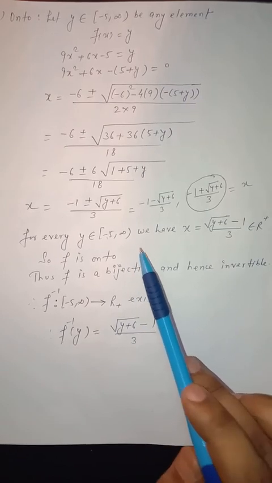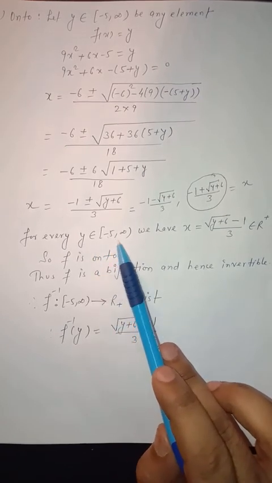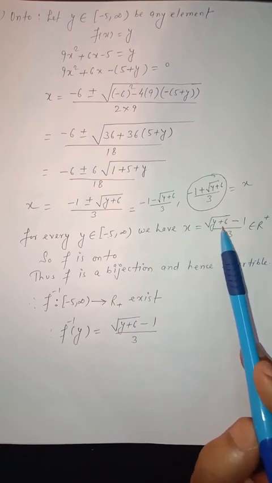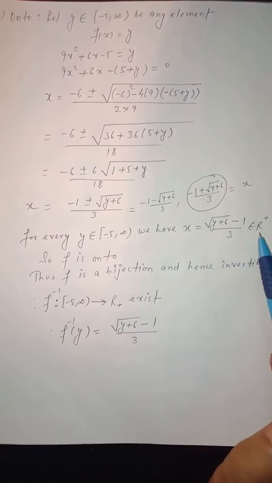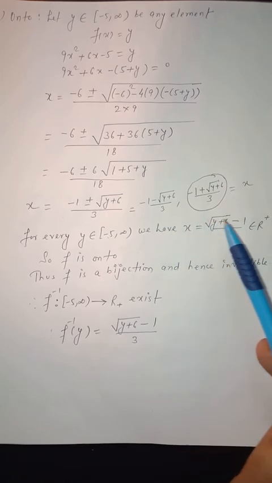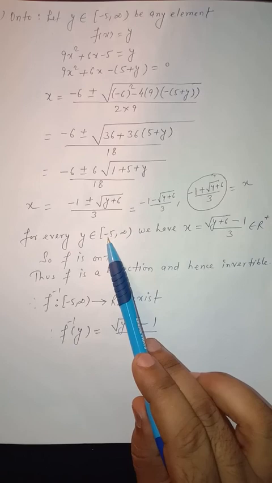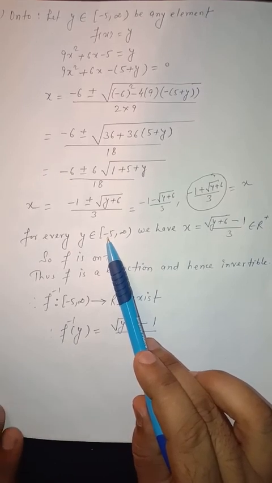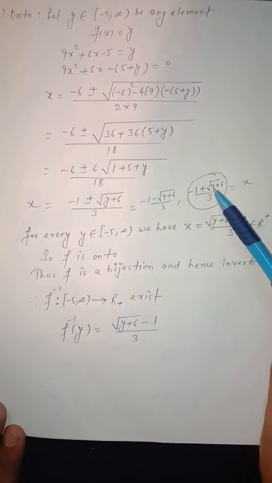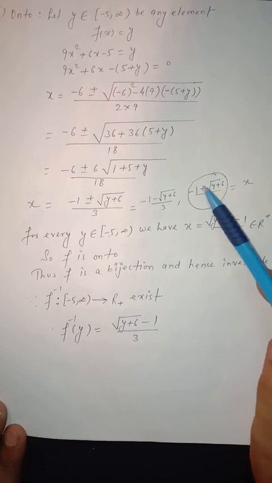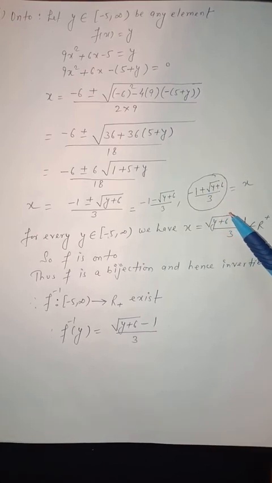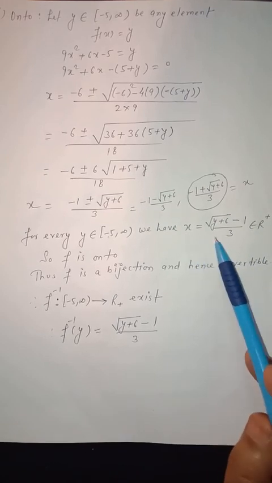So for this y we have a value which always belongs to the real numbers. If we are taking a lesser value, say minus 4, we will get 6 minus 4, which is 2, and root 2 is 1.7321. So we will get a positive value. So when this y is from minus 5 to infinity, we will get a positive real value.